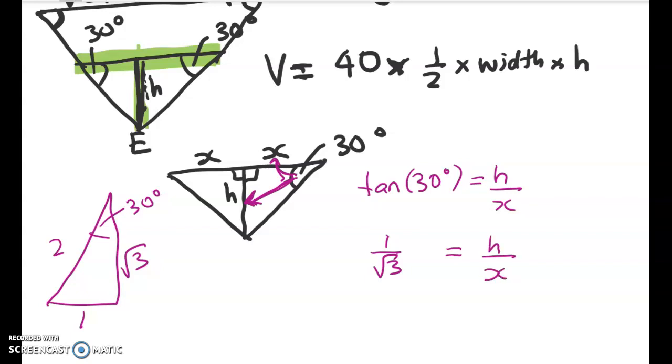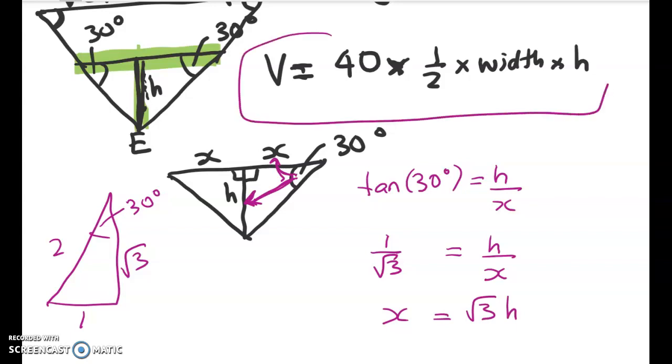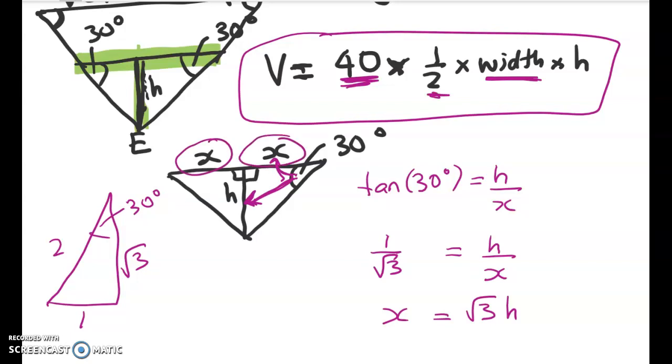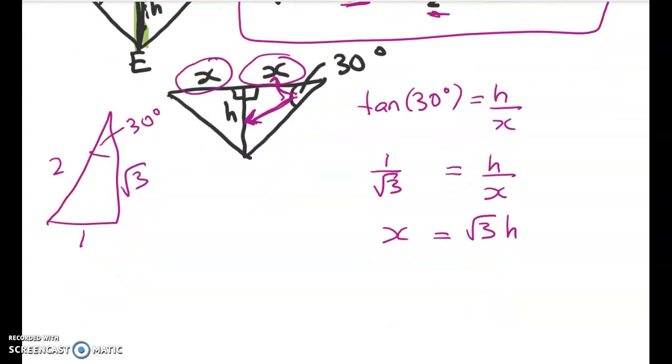Now we don't want x in our expression, we just want to get rid of the x. So we're going to write x as the subject of the formula. So x is equal to root 3 times h. Remember, we're trying to get the volume, and the volume is the length of the tank times half the base, which is 2x, times h.